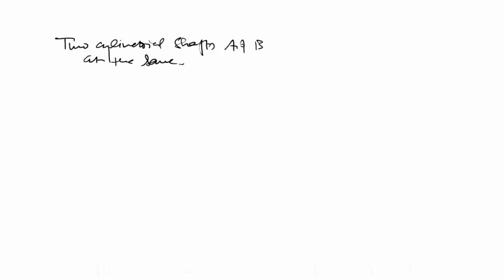Please listen to the question. Very nice question, and through this question you are able to understand. Two cylindrical shafts A and B at the same initial temperature are simultaneously placed in a furnace.